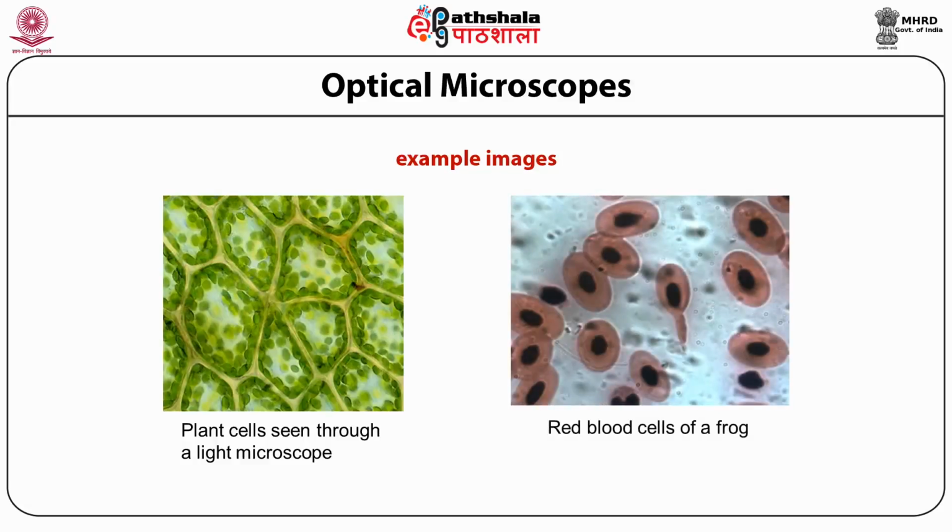In this particular case, these red blood cells were taken from a frog. They have a shape which is elliptical, whereas red blood cells taken from humans are mostly circular in shape. So optical microscopes, depending on their resolving power or resolution, are used to image objects which are difficult to see by naked eyes.